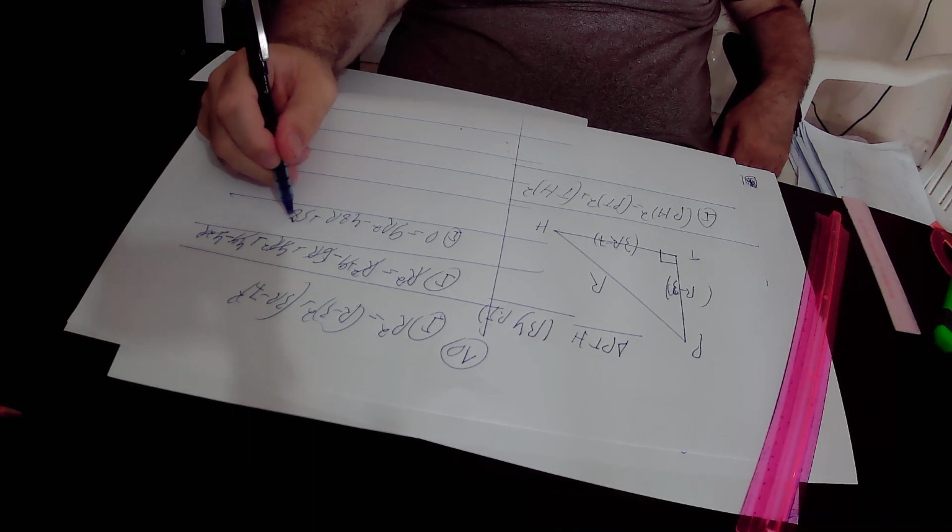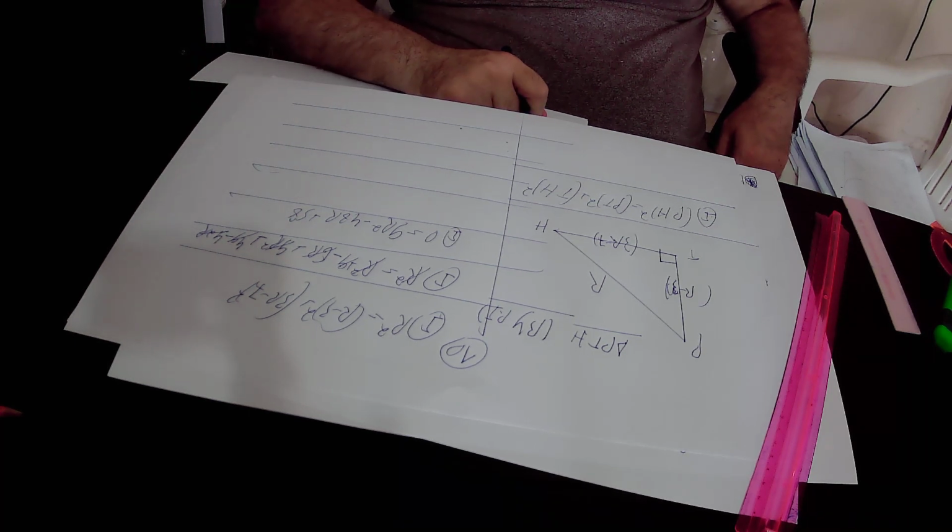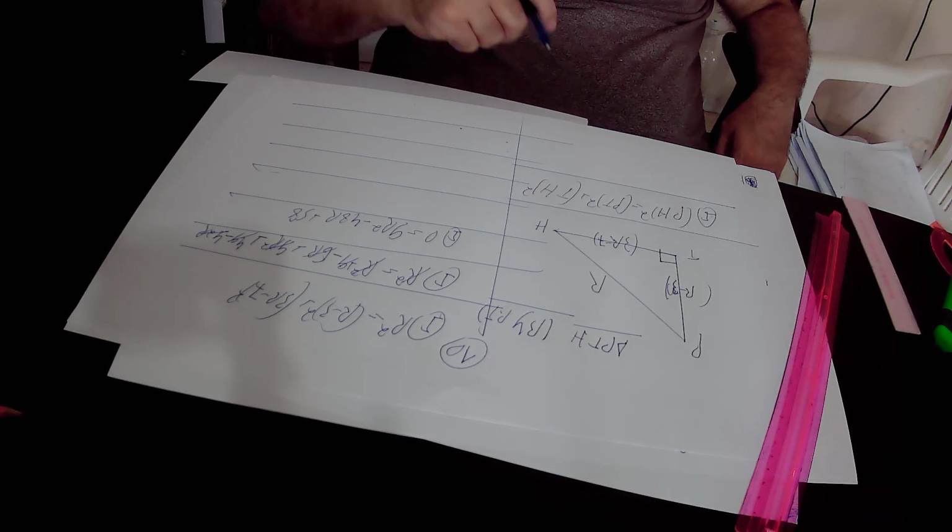So in conclusion, we got here the quadratic equation 9R squared minus 48R plus 58 equals 0.